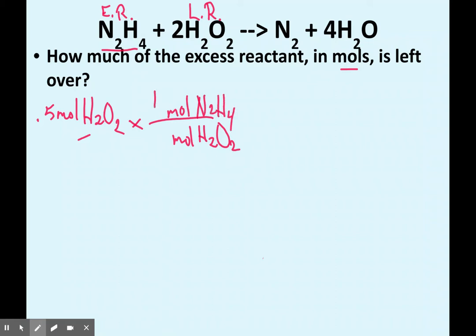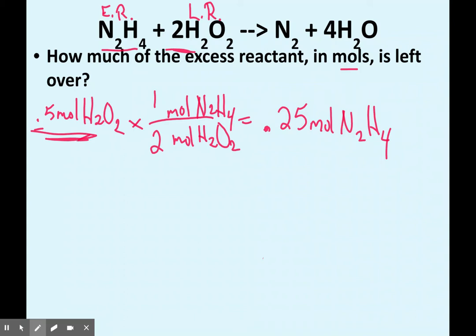And this is a 1 to 2 ratio. So that means we're going to need 0.25 moles of N2H4 to react with all of the 0.5 moles of H2O2 that we have. That's how much we're going to need.